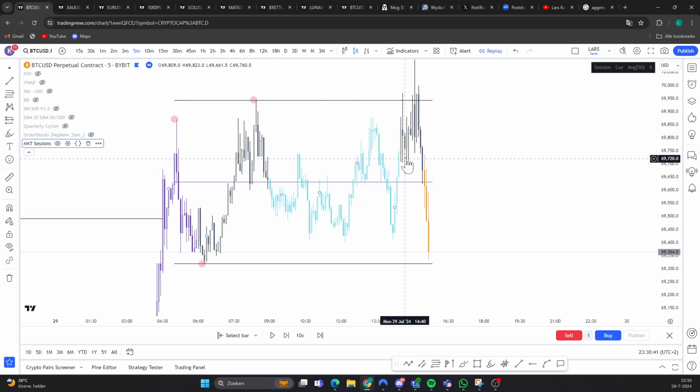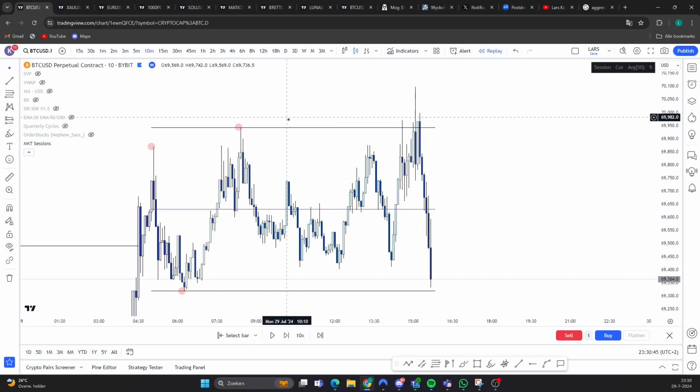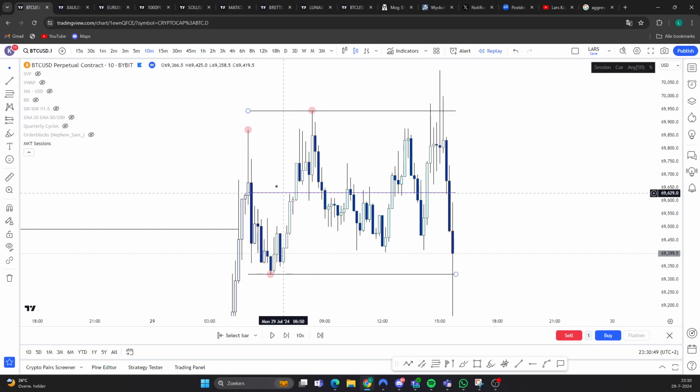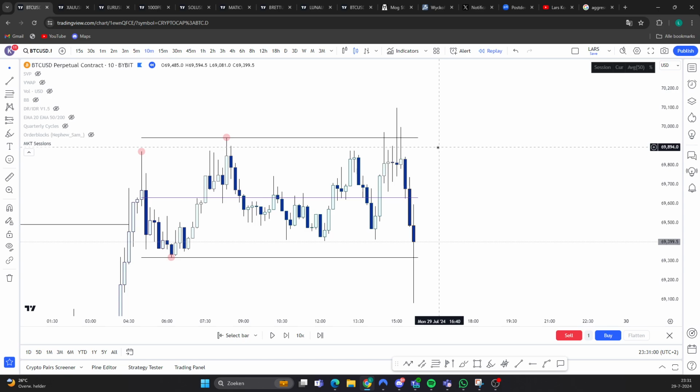And then pre-New York, we took the high once more. I always love when my deviation highs and lows also align with the market sessions. So this was our Asia high, and then London takes Asia, and then New York takes London. It's always extra nice. You can clearly see the market maker involvement when that happens.